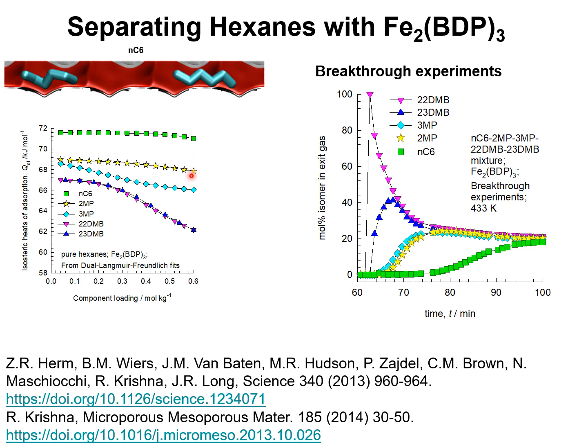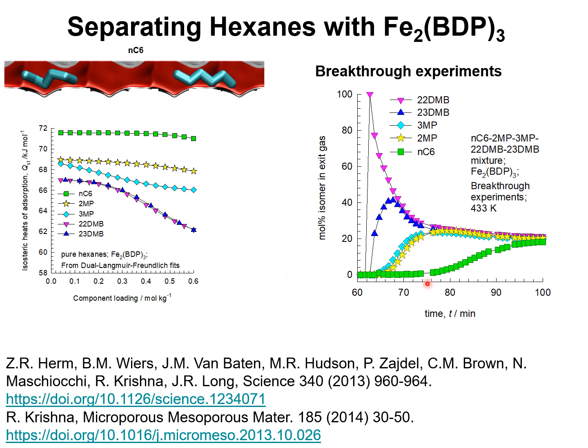The van der Waals interactions of the more compact monobranched and di-branched isomers are lower in strength than that of the linear isomer.